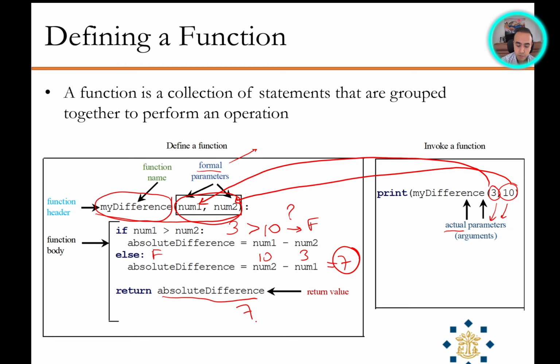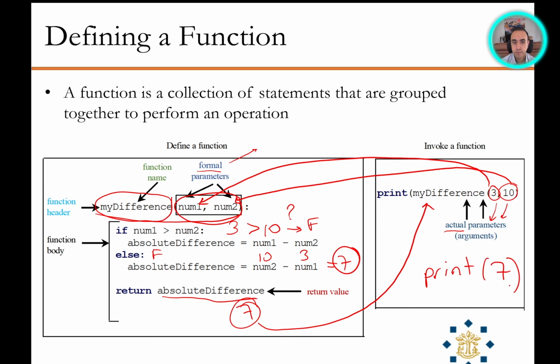So we return 7 as a value back to where we started. So we call it, the numbers go inside, the calculations happen, and then the return goes back, and then we print 7. So here we print 7.